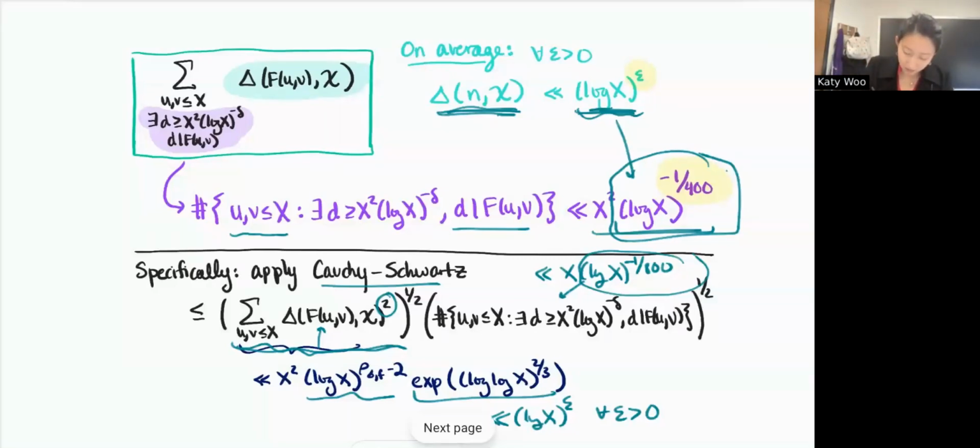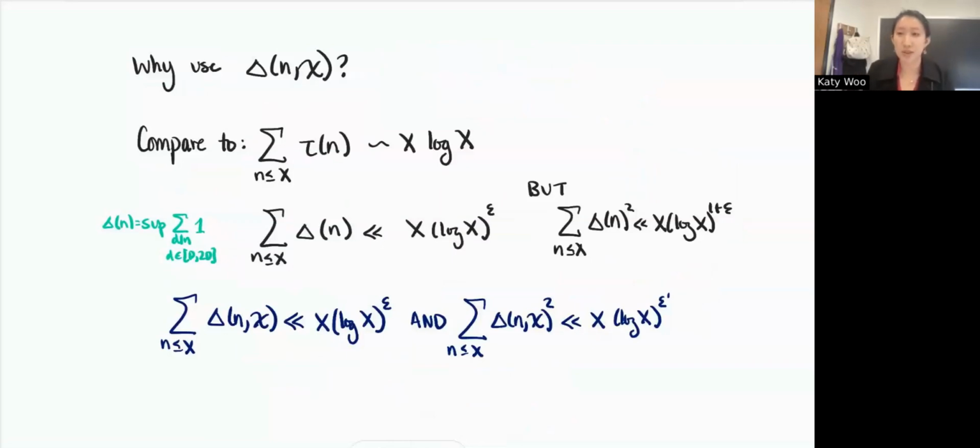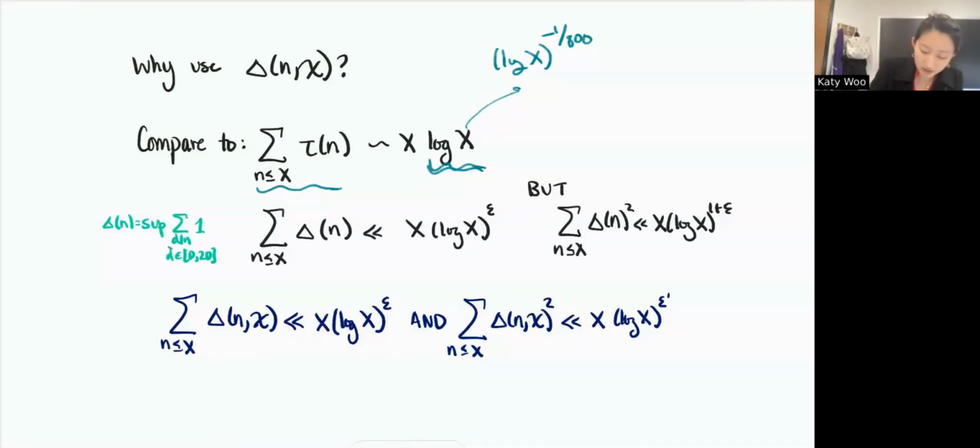Okay, so why was it important to use the twisted Hooley delta function here, as compared to some other functions that track your divisors? First off, if you looked at, say, the divisor function, that on average will look like log x, but before we were saving something like log x to the negative 1 over 800. So if we use the divisor function, it will completely cancel out the savings that we got before. On the other hand, maybe you look at the regular Hooley delta function, which tracks the number of divisors in a certain dyadic region.